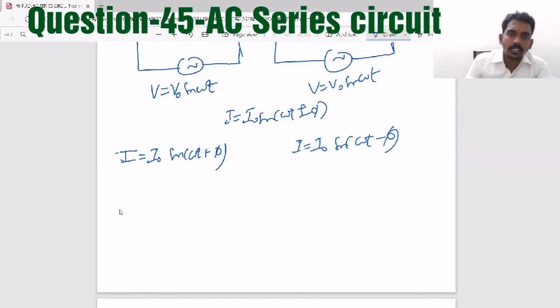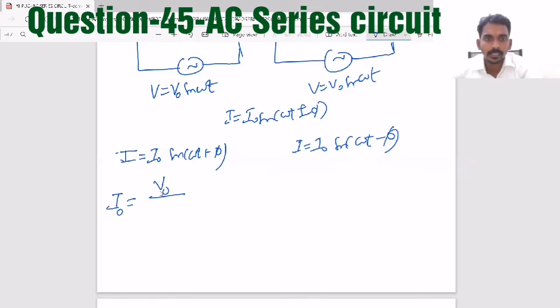This is the general form of alternating current in any series combination, where the amplitude of the current is the amplitude of voltage divided by the impedance of the circuit.